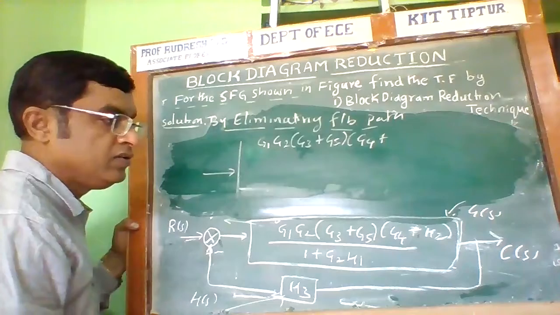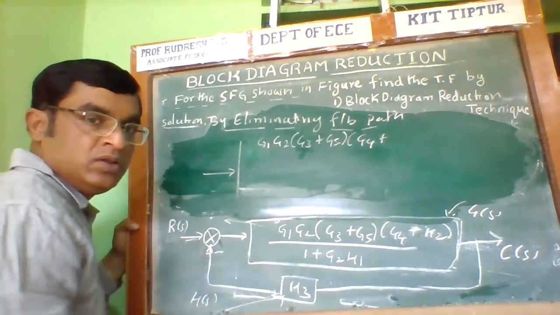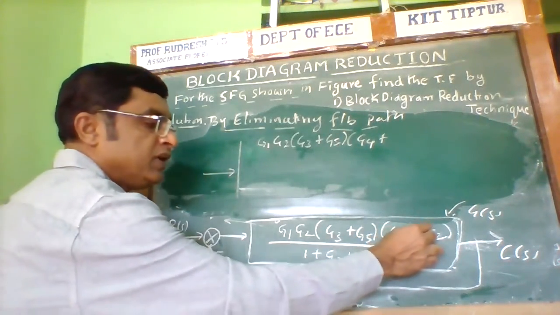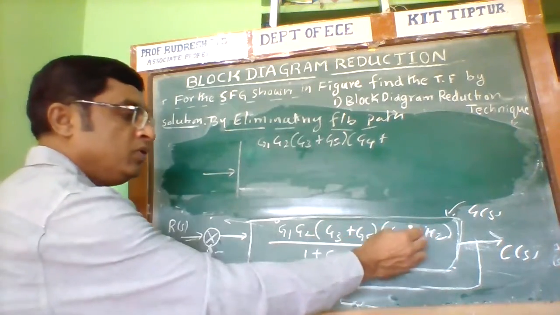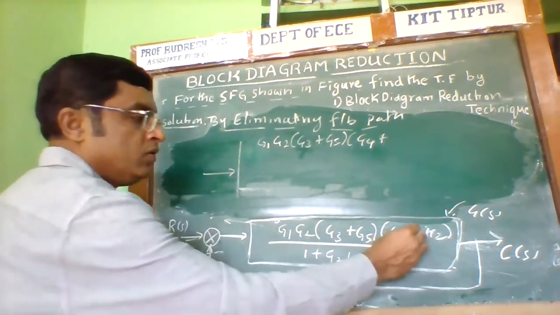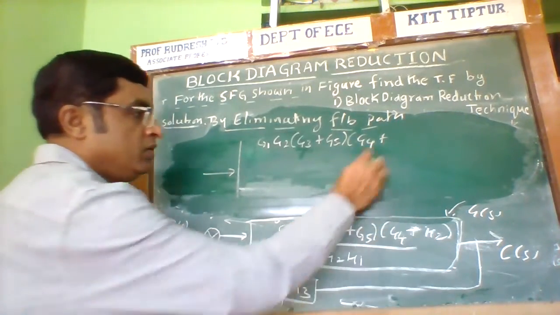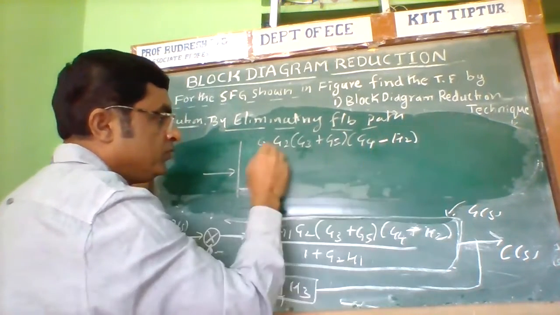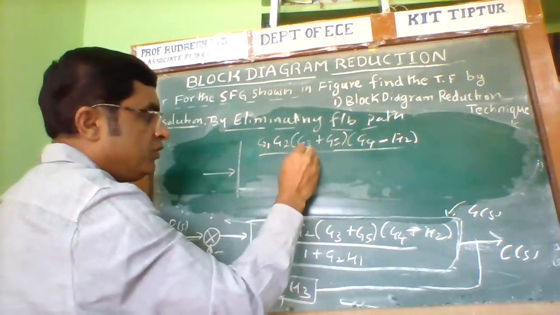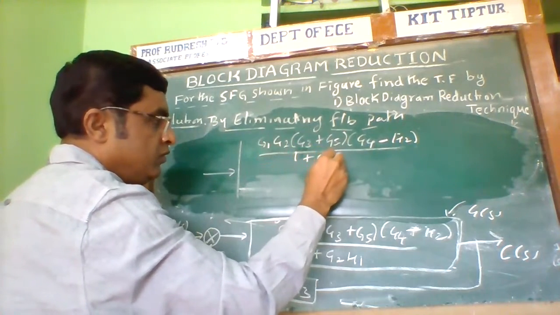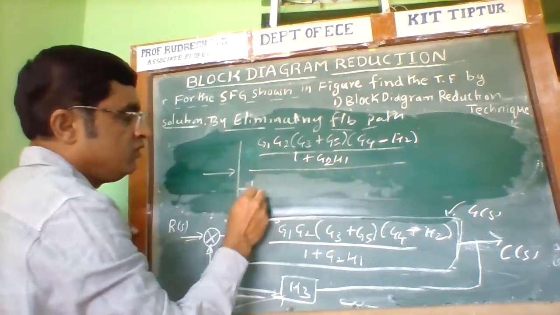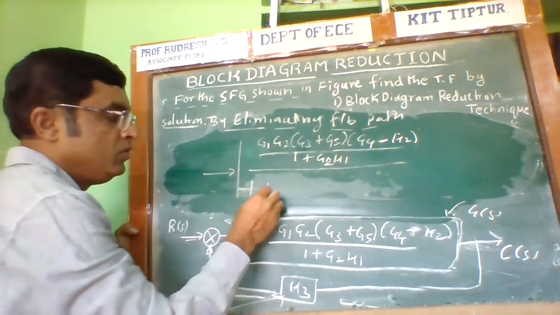I made a mistake and considered it as a plus. Instead of minus I had taken a positive in the previous step, so to modify it here, G4 into minus H2, divided by 1 plus G2 into H1. The whole quantity of this becomes the G(S) value.